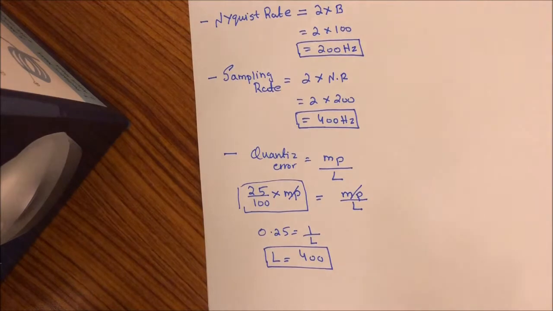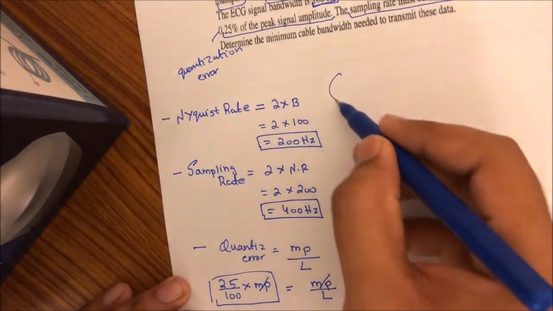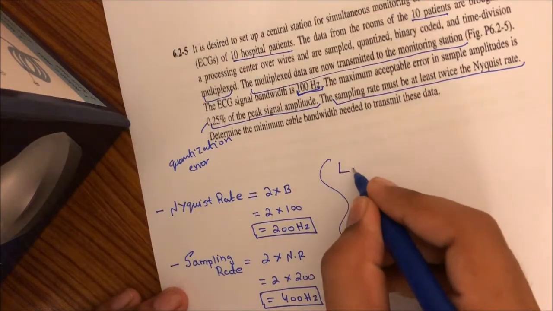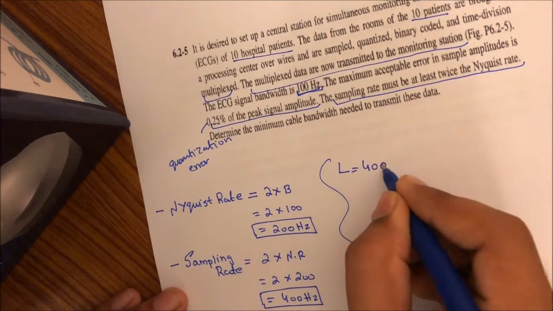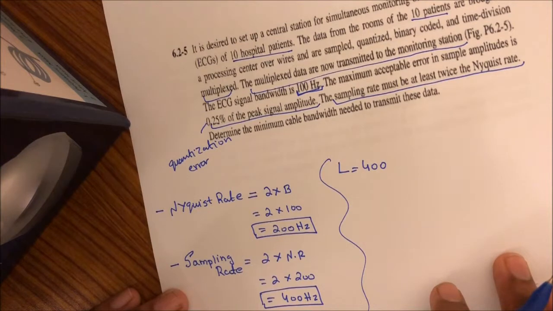So now after calculating L, now we can move to calculate the number of bits. Because if we know the number of levels, L is 400, so we can easily calculate the number of bits.